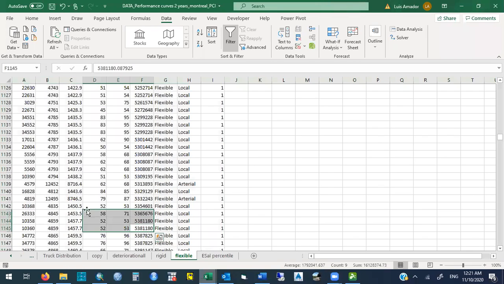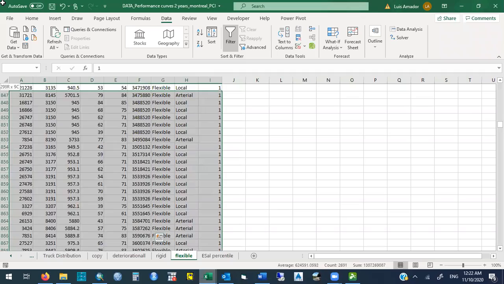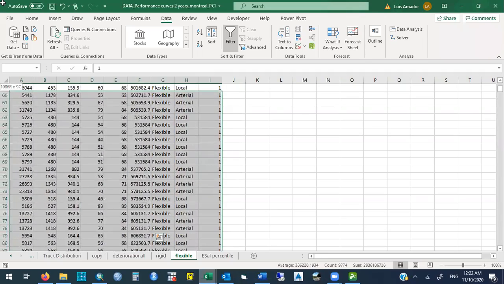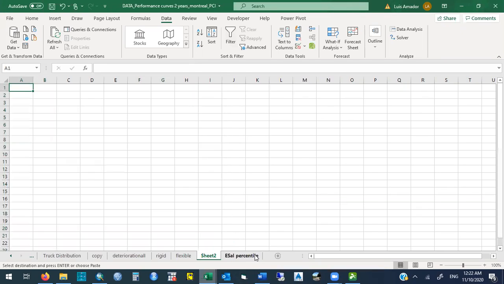Okay, up to here. And this will be my low ESAL intensity. Flexible, low ESALs.